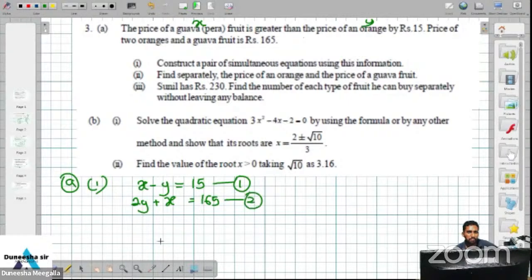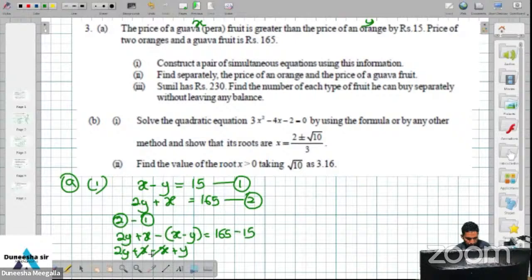Can you simplify this equation? I'm using second minus first. 2y plus x minus x plus y equal 165 minus 15, because minus becomes plus.